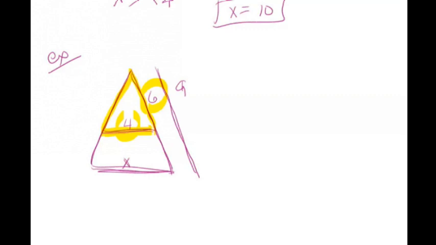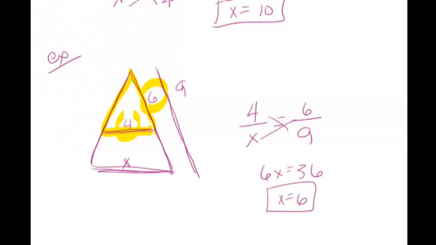I see my small base 4 has to align with my larger base x. And then I'm going to look at my side lengths, and I started with my smaller triangle on top, so I need to put my smaller side on top and then my long side on the bottom. Okay, then you could cross multiply. Get 6x equals 36, and x is going to equal 6.